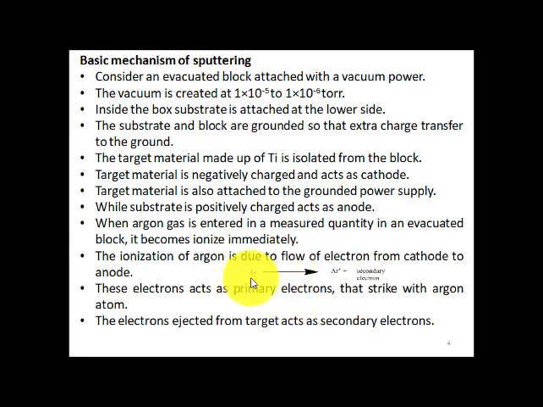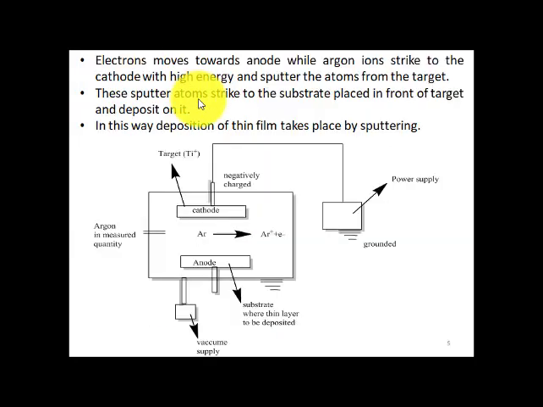In this equation we can see that argon strikes with primary electrons, or primary electrons strike with argon. Argon cations are formed and electrons are ejected from the argon, and these electrons are called secondary electrons.